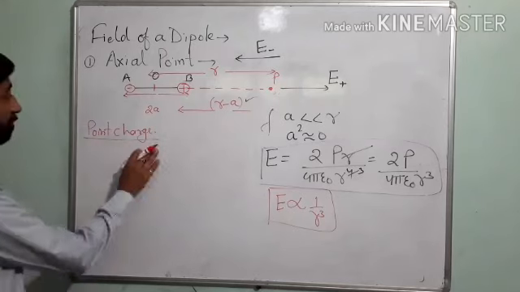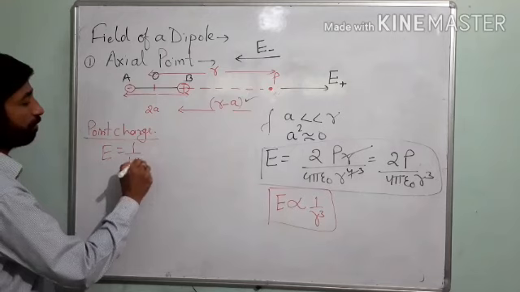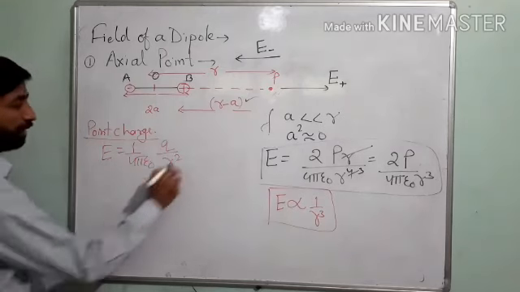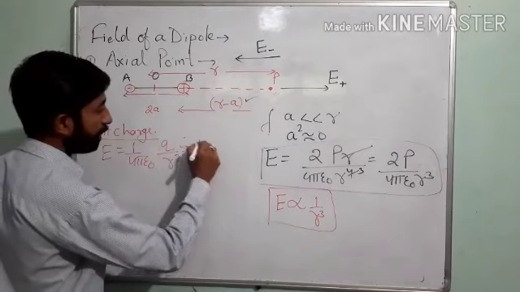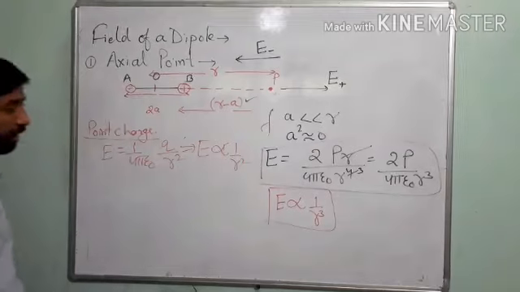Now, electric field for a point charge is given by E equals 1 upon 4 pi epsilon naught, the charge over square of the distance, that is E proportional to 1 over r square.